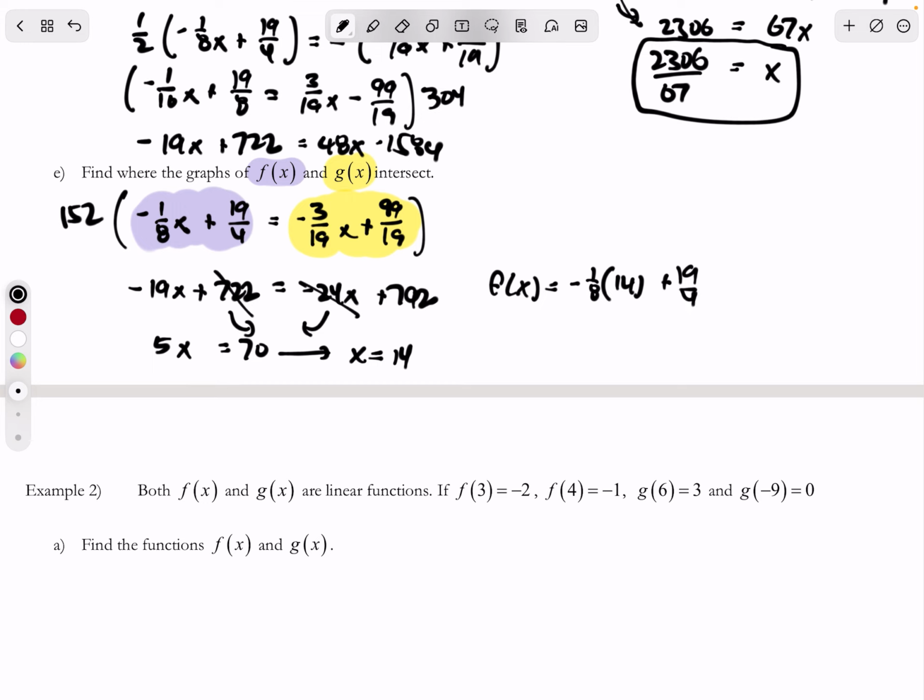It turns out to be 3. 14 over 8 is 7 over 4. Yeah, negative 7 over 4 plus 19/4, which is 12 over 4, which is 3. So your y value is 3. The point of intersection is 14, 3.